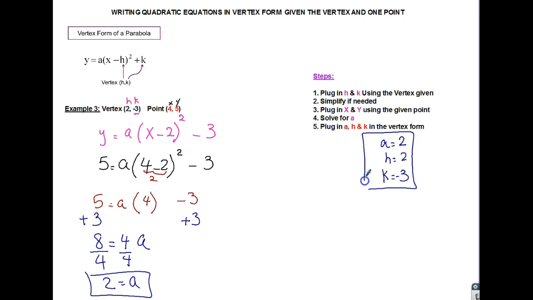Now I need to take these three variables back into my original form. So y equals a, which is 2, times (x minus h, which is 2) squared minus 3. k is negative 3.